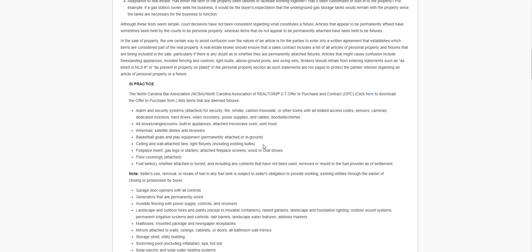Ceiling or wall attached fans, including existing bulbs. Fireplace inserts, gas logs or starters, attached fireplace screens, wood or coal stoves, floor coverings, attached fuel tanks, whether attached or buried, and the contents that are in it. Garage door openers with all controls.